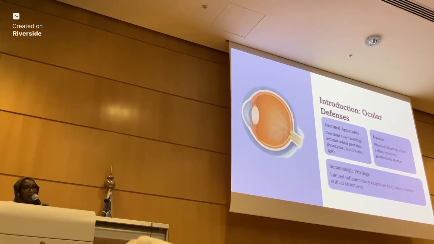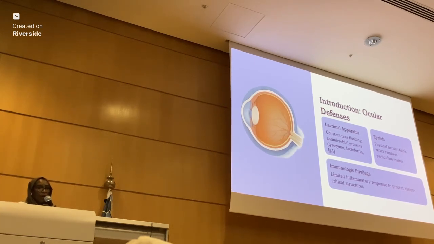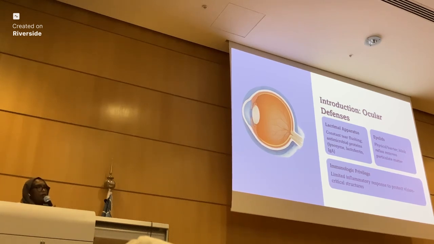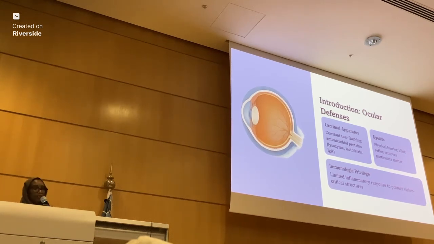And not only that, you have the lacrimal apparatus, which produces antimicrobial proteins coming from lysozyme, lactoferrin, IgA. All this together gives your eye the support to inhibit the possibility of getting infection. So this is your defense system, or the eye defense system.